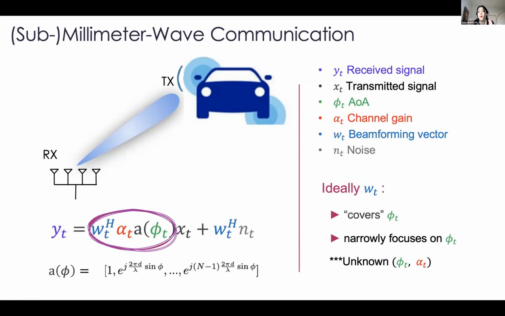So from a very high level, this is the connection to joint sensing and communication. If I could sense where this transmitter is, I could make sure that my beamforming vector W_t covers it. And then for communication purposes, I would like to focus this energy and receive it.